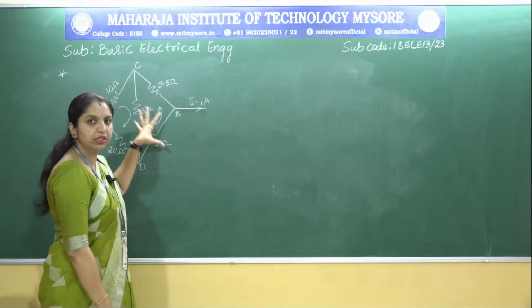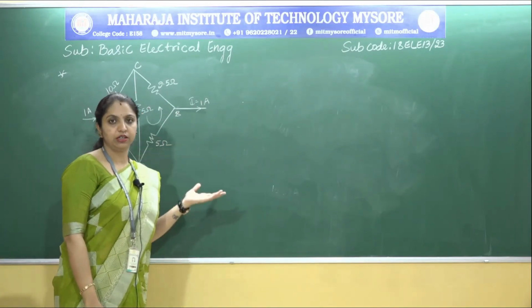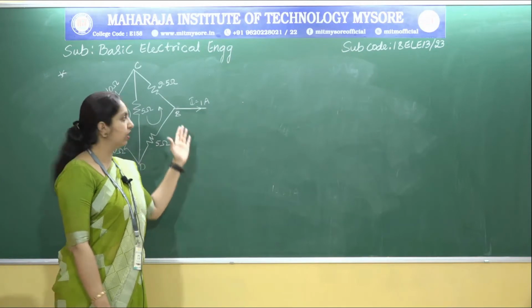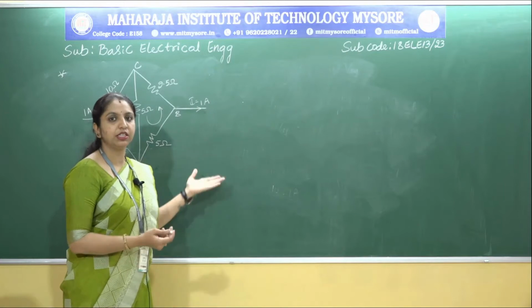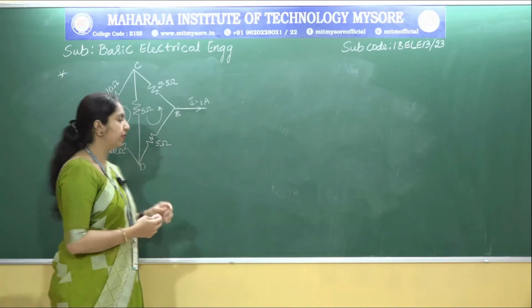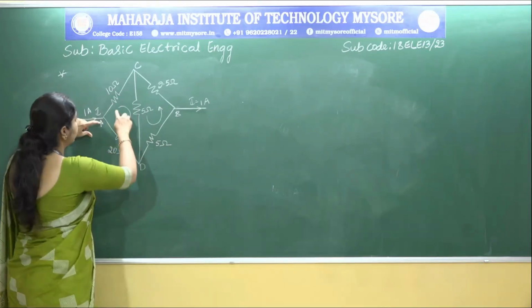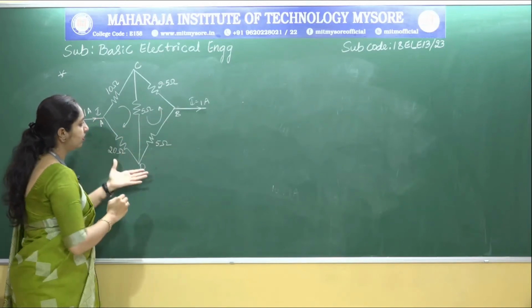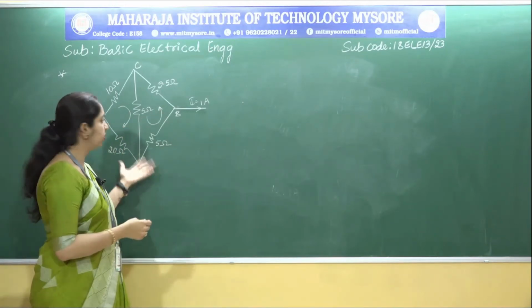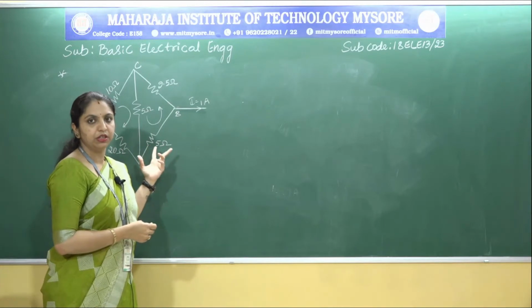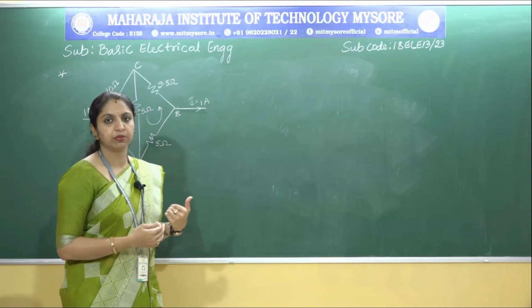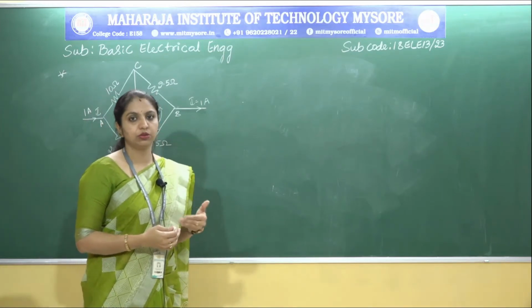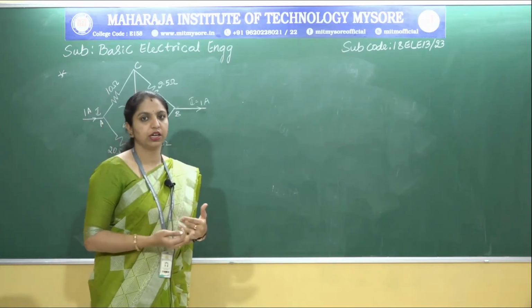Here the direction is provided because we have two different loops. If direction is not provided, as I have already indicated in the previous problems, the direction can be chosen.